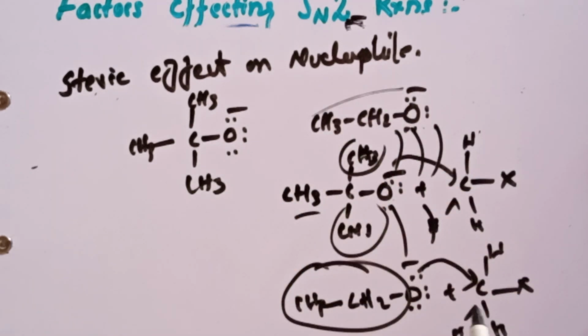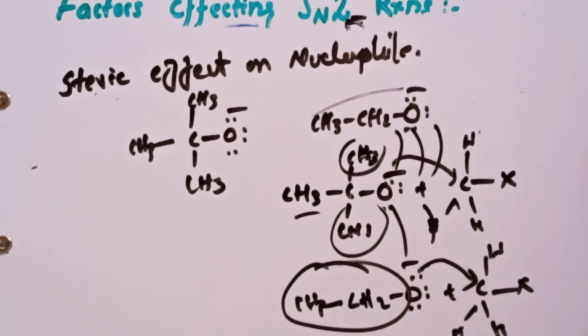That's why the larger the steric hindrance, the smaller will be the nucleophilicity. The larger the steric hindrance, the larger the resistance to the reaction, and the reaction rate will be very slow.